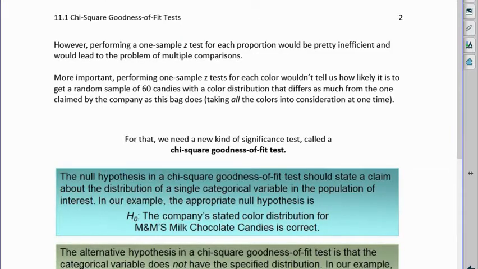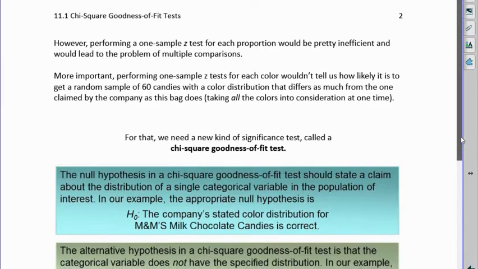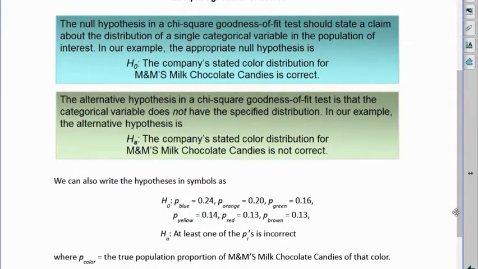The Z test isn't going to tell us how these colors differ as an overall distribution, so what we do is this chi-squared test, where our null hypothesis is that the company's stated color distribution is correct. And the alternative hypothesis is that we have found enough evidence to reject the null hypothesis, and we have evidence that their distribution is not correct.